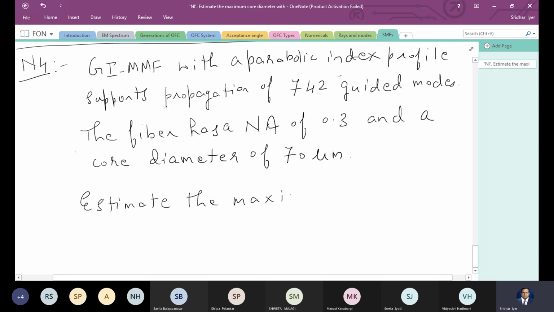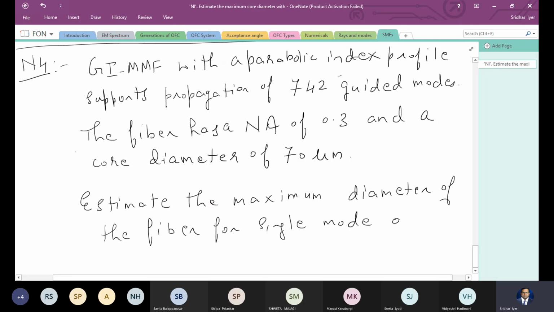The question is, estimate the maximum diameter of the fiber for single mode operation at the same wavelength.